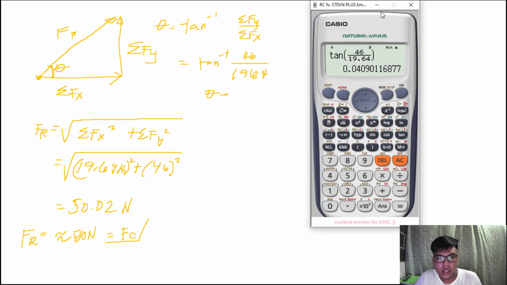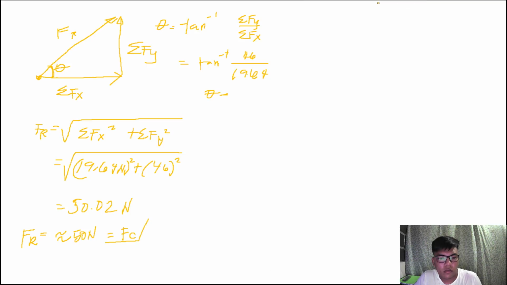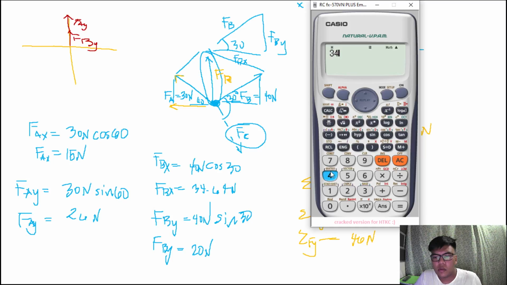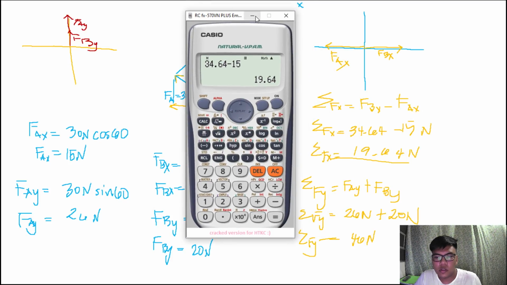So we have 0.04 degrees. Teka lang, may mali tayo dito. Check ko lang yung mga values. 26. Okay, tama naman. 15, 19. Teka lang, may mali dito. 34.64 minus 15. Tama naman, 19.64.